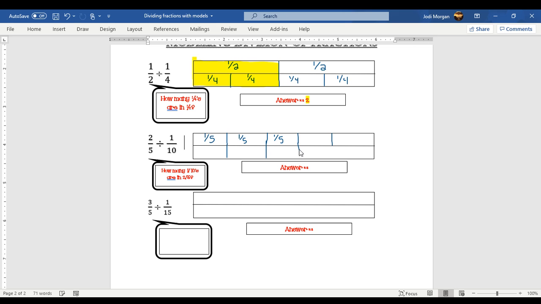Then I'm going to go back through and split each one of those in half. That should make 10. So there's my 2, 4, 6, 8, and 10. Awesome. Each one of those represents 1/10. Go ahead and write 1/10 in each one of those sections.